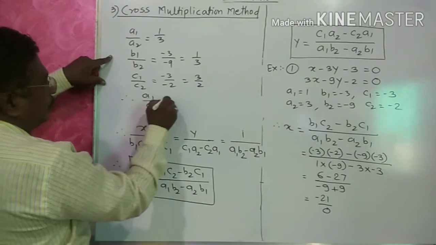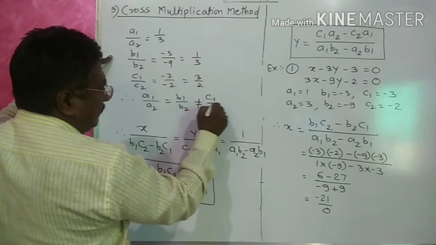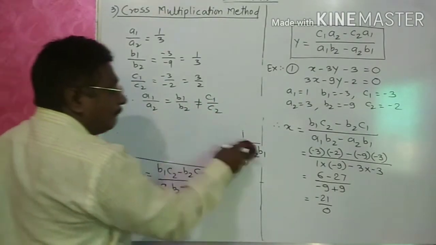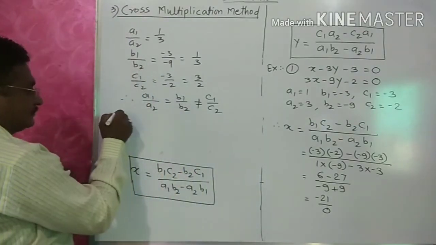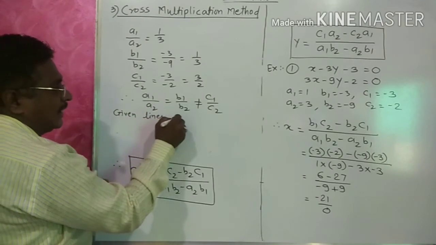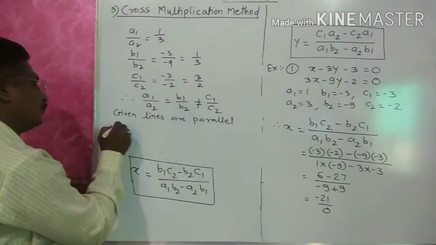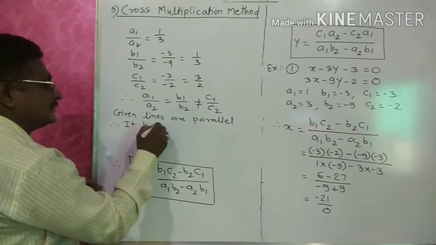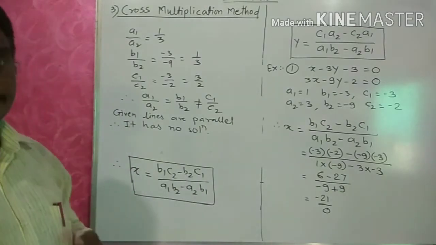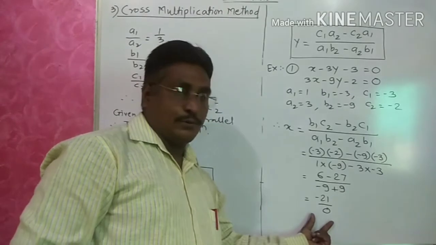A1 by A2 equals B1 by B2 not equal to C1 by C2. This is the condition for parallel lines. So the given lines are parallel. Therefore it has no solution. That is why we got 0 in the denominator.